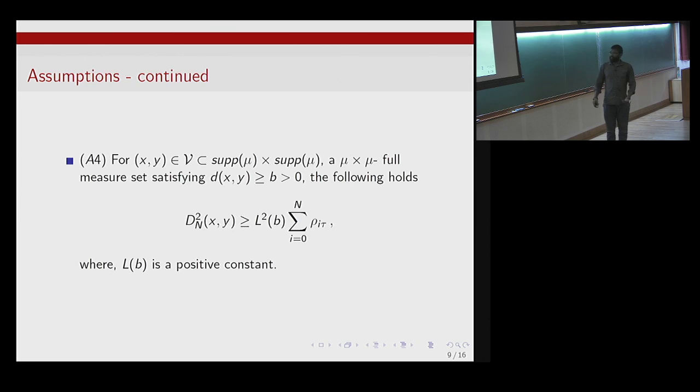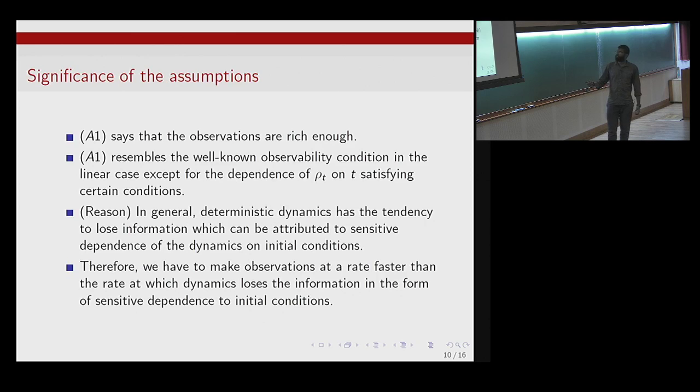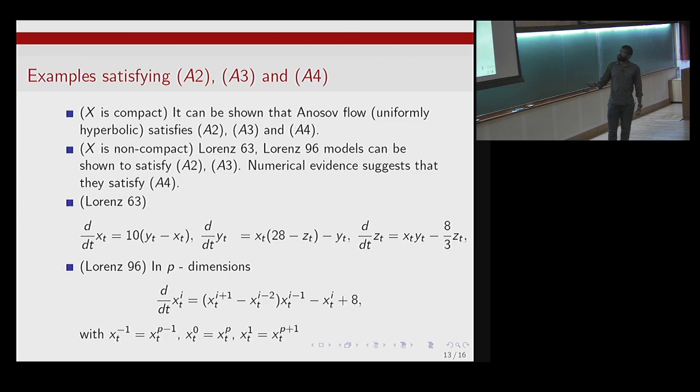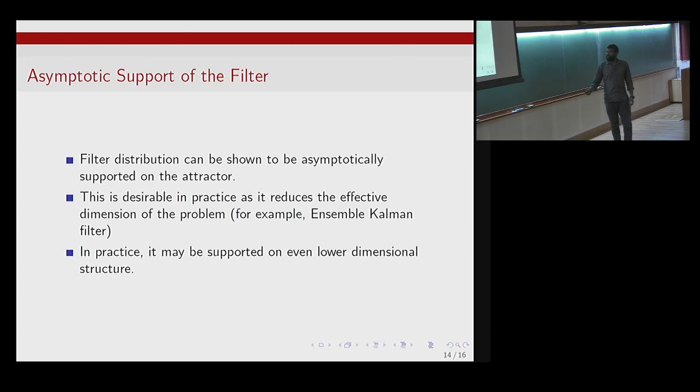The only system for which I was able to prove it was when the system is anisotropic with very high regularity properties and uniform estimates, and only for that I was able to prove that that particular assumption holds. But for Lorenz 63 and 96, I was able to see numerically that it holds.